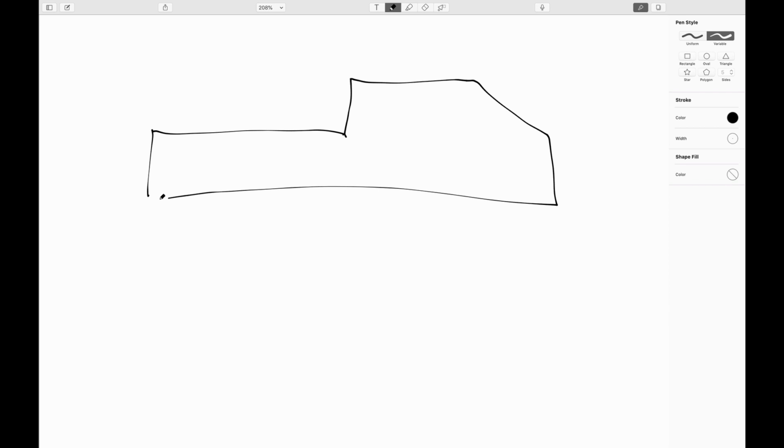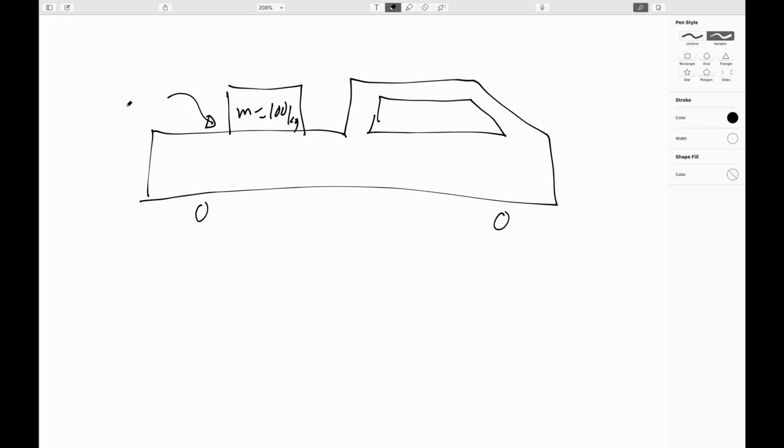Let's go and take a look at that crate in the back of a pickup truck. There we go. There's our pickup truck. And then let's go stick our crate in here. Let's say our crate has a mass of 100 kilograms.